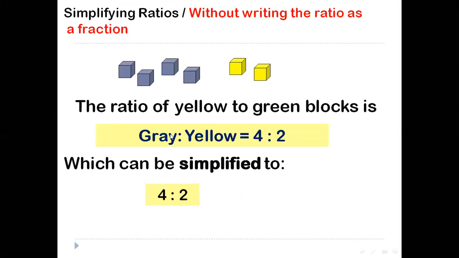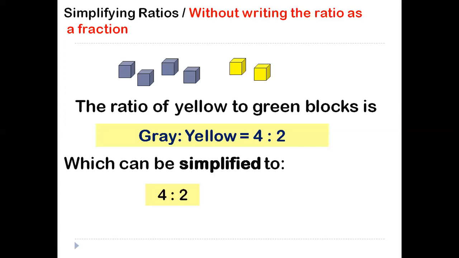No need to write every time your ratio as a fraction. So you can just keep it as is with the columns. So here, 4 to 2. Look at 4 and 2. What is the greatest common factor between 4 and 2? We know the factors of 2 are 1 and 2 only. The factors of 4 are 1 times 4, so 1 and 4, and also 2, which is 2 times 2 equals 4.